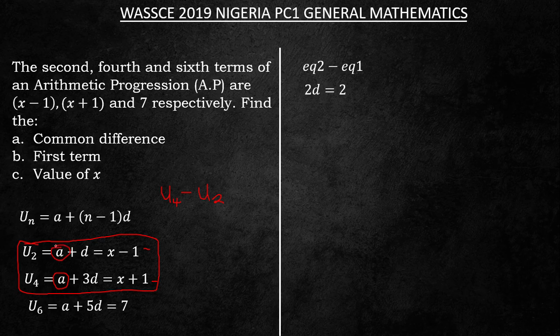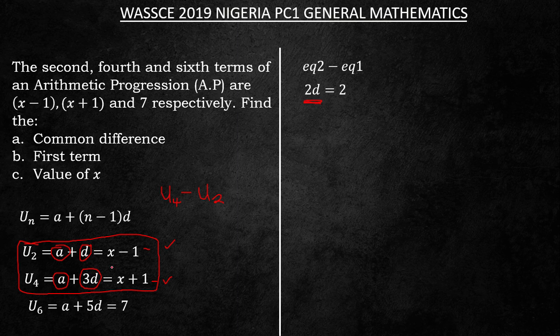That is going to give me 0. Okay, so the a will go away. Then now I do the 3d, which is this 3d over here, minus the d. So remember, I am doing u4 minus u2. So I'm doing what is over here minus what is over here. So in this case, 3d minus d is going to give me 2d. So I have 2d over here.